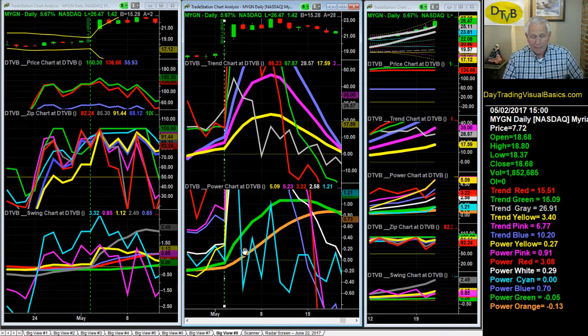Power Zion actually landed on 0.00, and power green was minus 0.05, so it's like it down touched both of them at the same time, and hence we see the reaction.